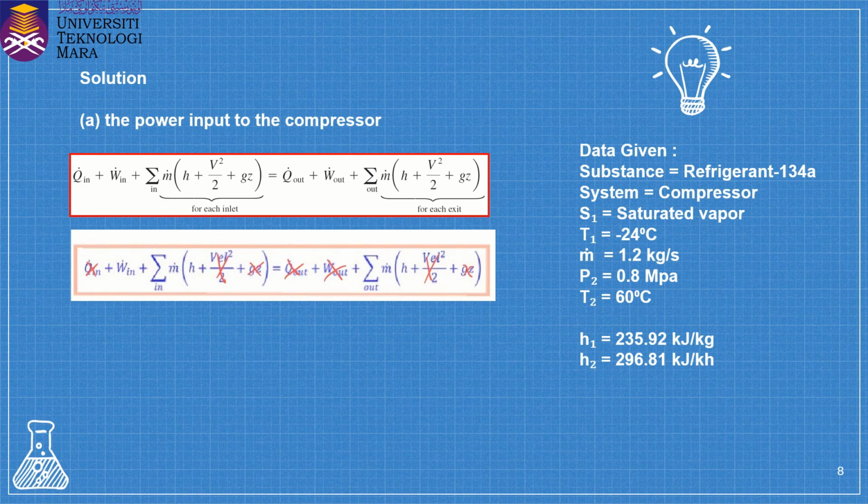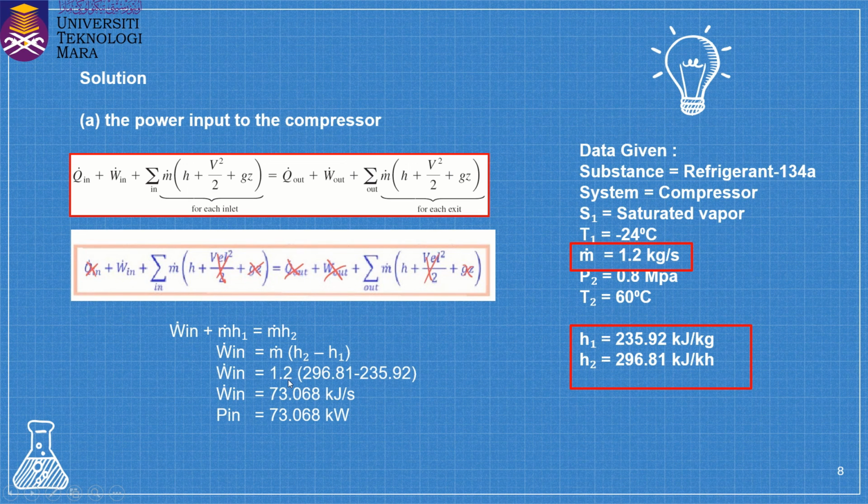Solution A, the power input to the compressor. We already have the H1 and H2 values and the mass flow rate given in the question. All we need to do now is substitute all the values into the formula. The mass flow rate is equal to 1.2, H2 is 296.81, and H1 is 235.92.